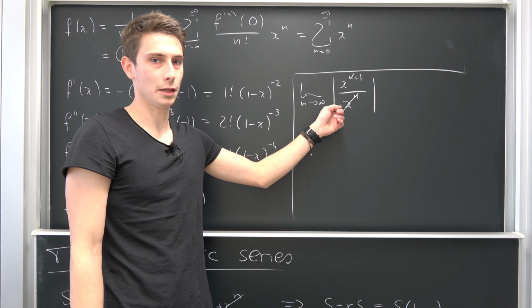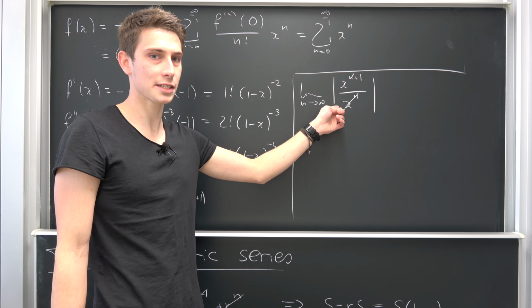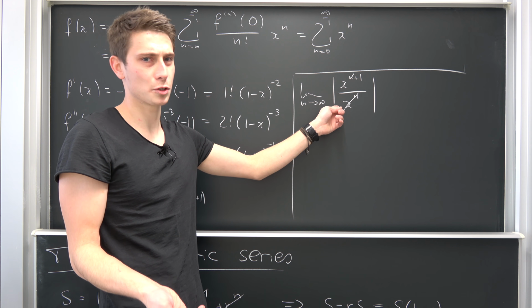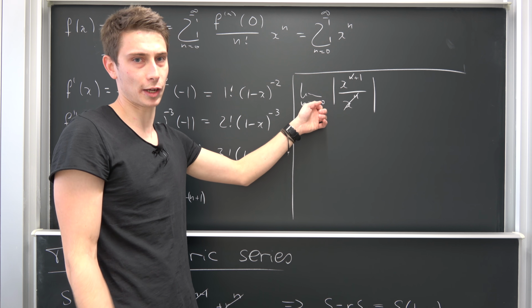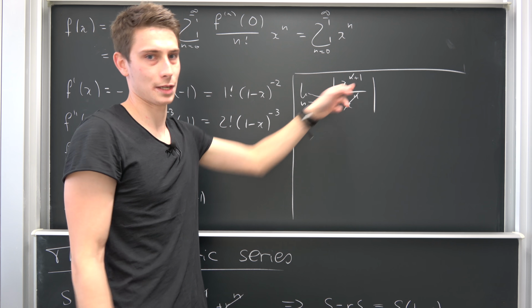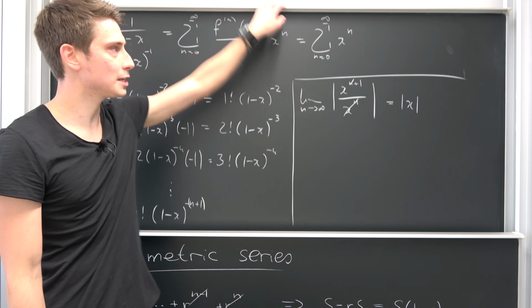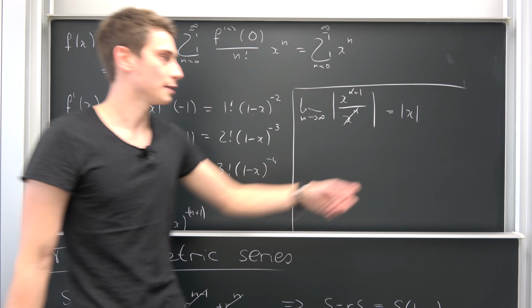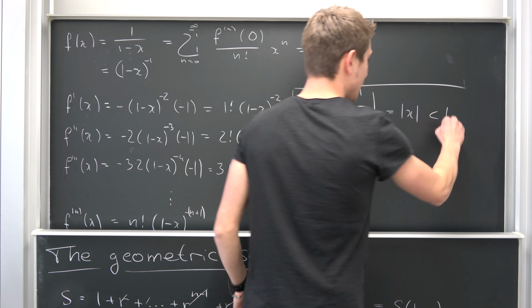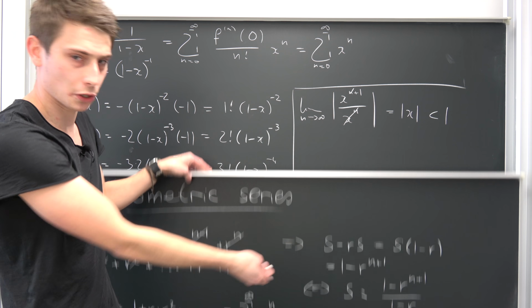So we are going to take the limit of the absolute value of x. It's not with respect to any n, so the limit of this thing is nothing but the absolute value of x in itself. And in order for this series to converge absolutely, this thing right here has to be strictly less than 1. And this is what we already gathered.